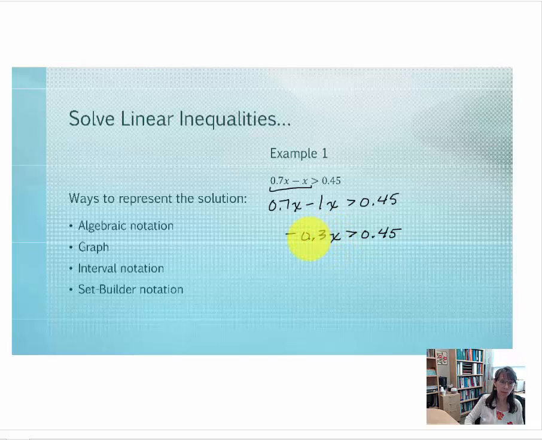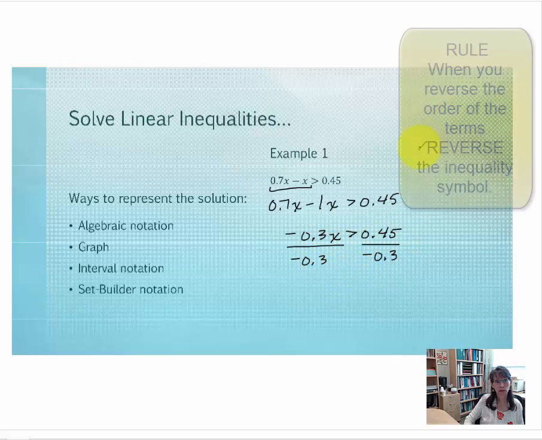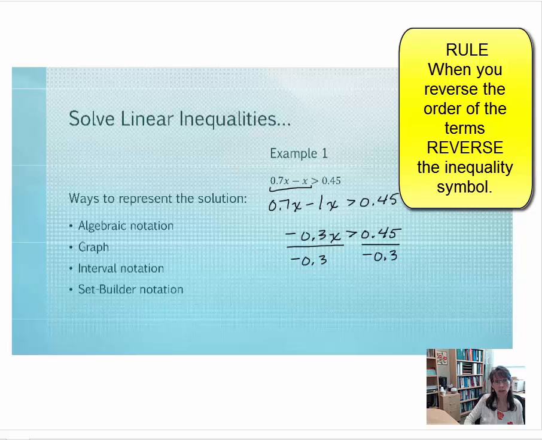So this multiplication of -0.3 will need to be eliminated by dividing both sides of this inequality by -0.3. Now right away this brings us into one of the important rules we're going to need to know about inequalities.